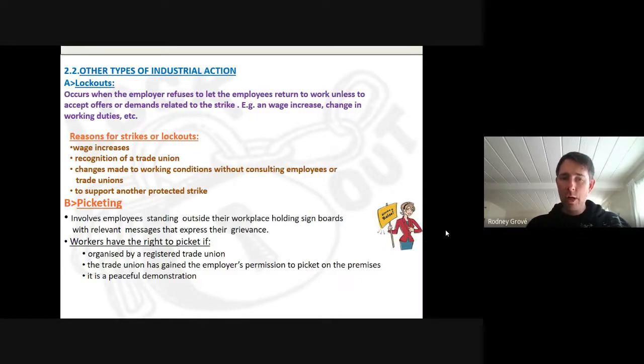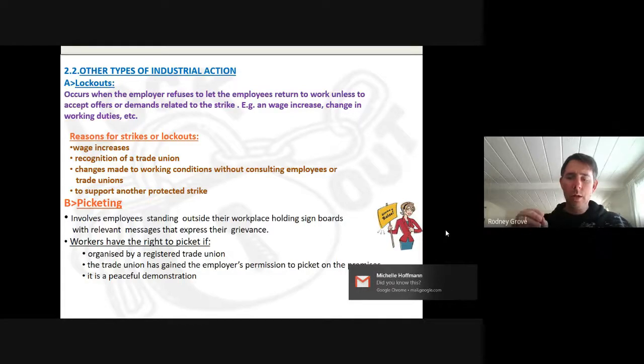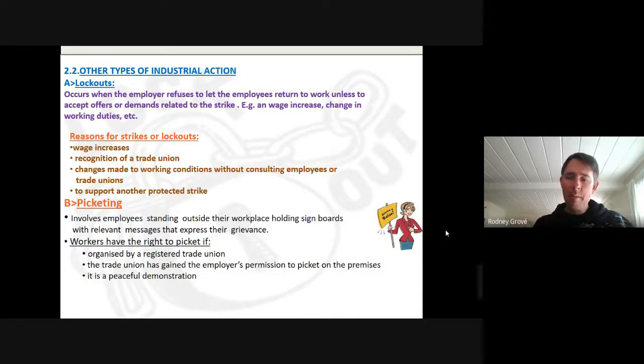Then reasons for strikes or lockouts. These are some examples of why strikes or lockouts occur. The first one is for wage increases. We've addressed that. Recognition of a trade union. The employees who are members of a trade union have the right to go on strike to force the employer to recognize the trade union that they are members of.